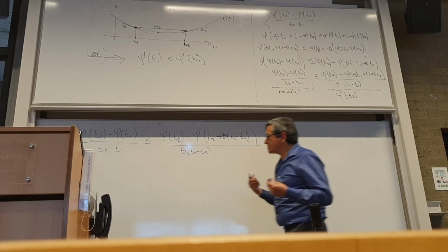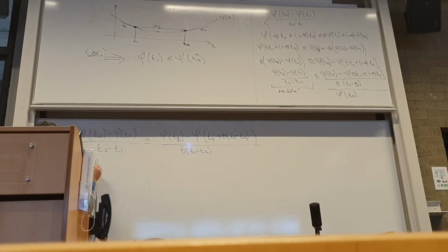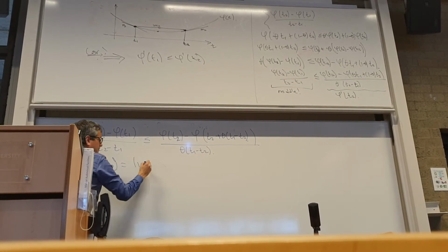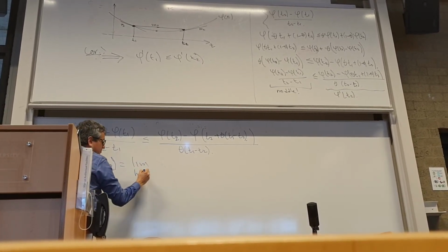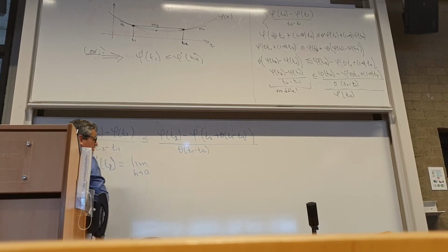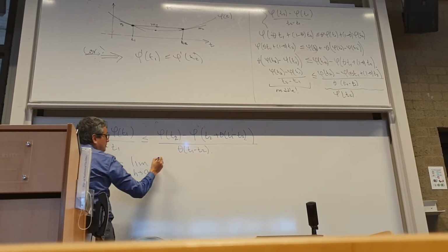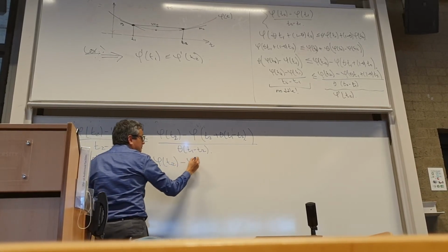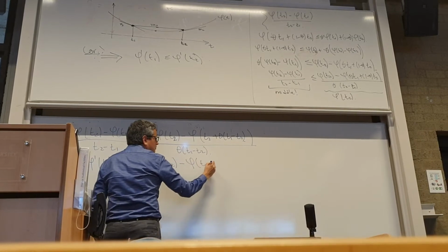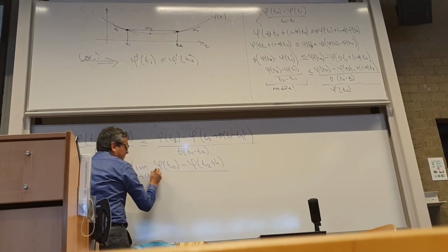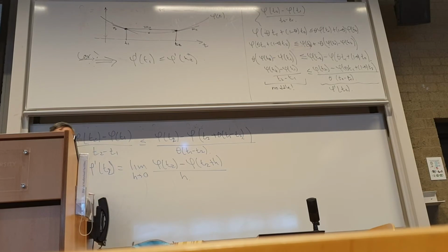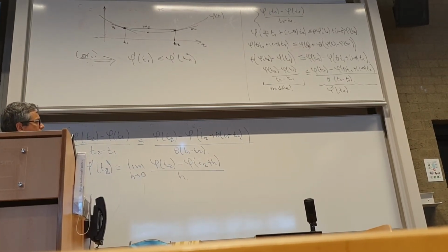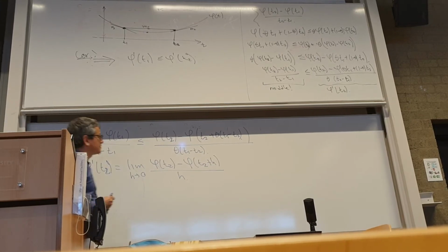Now, let's remember what the derivative is. The derivative at T2 is equal to the limit, and I will write it in the way that is more favorable to us, or at least to me. When h goes to 0, phi of T2 minus phi of T2 plus h divided by h. Should we put it divided by theta times T2 minus T1? Yes.